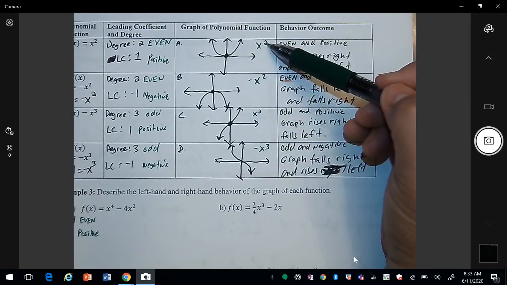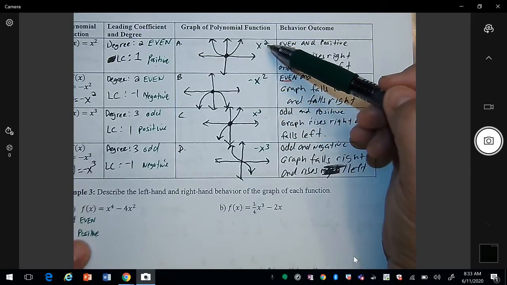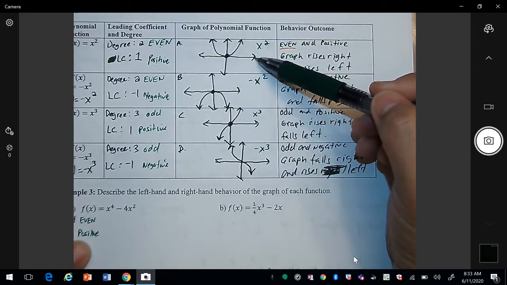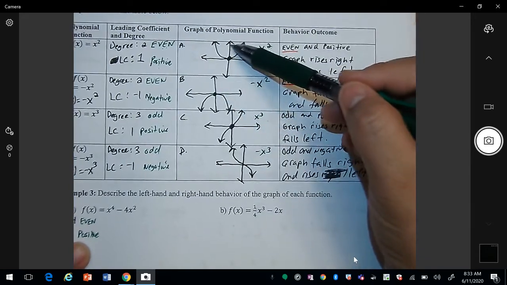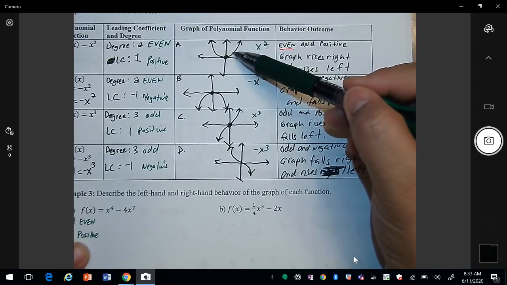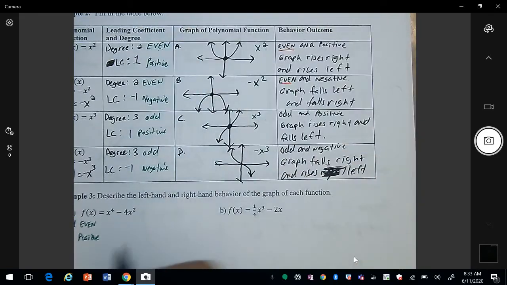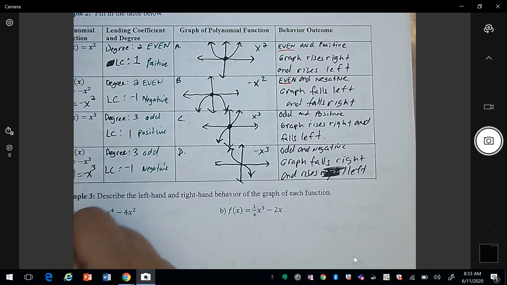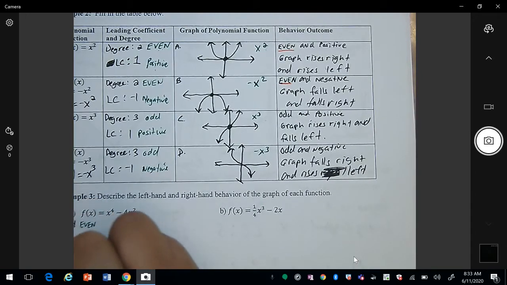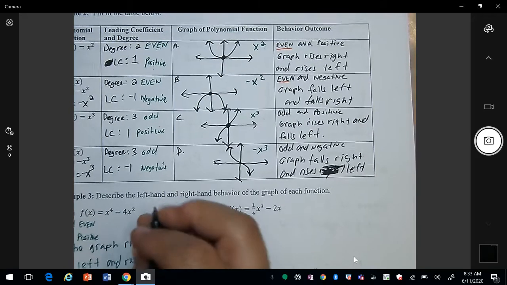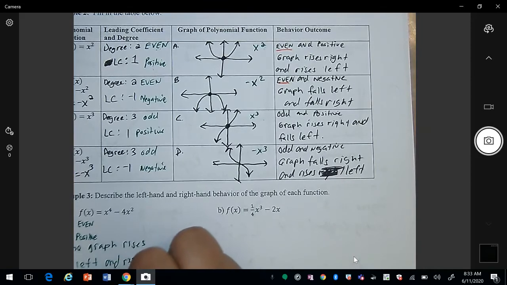So it's either going to be this one or this one. And then it's positive, so that means that our behavior is going to act like this one here. So the behavior will have the same behavior as this, which means that the graph rises right and rises left. So here I would say that the graph rises left and rises right.